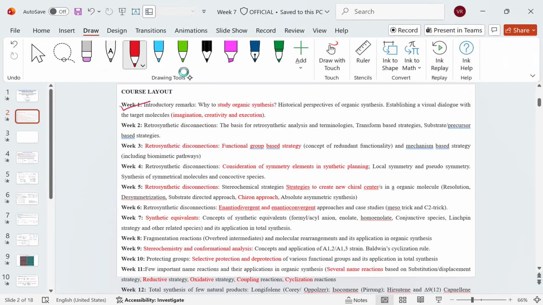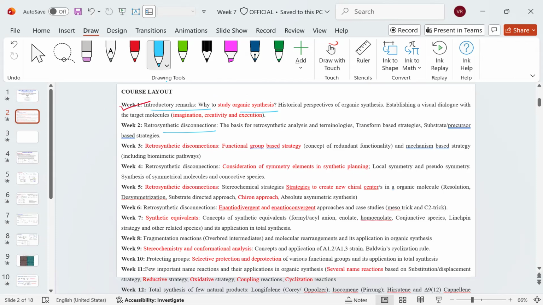the introductory session that we have already discussed, like different terminologies and all, and also retrosynthetic disconnection. For different molecules, we have covered more than 50 molecules as of now.